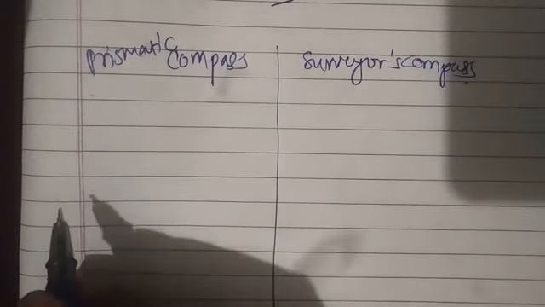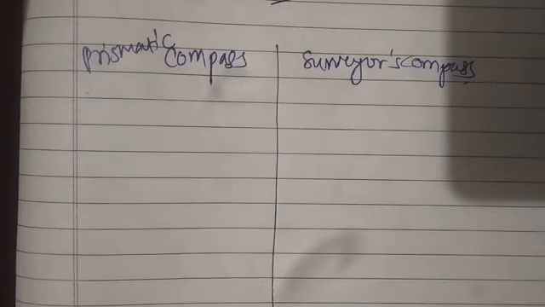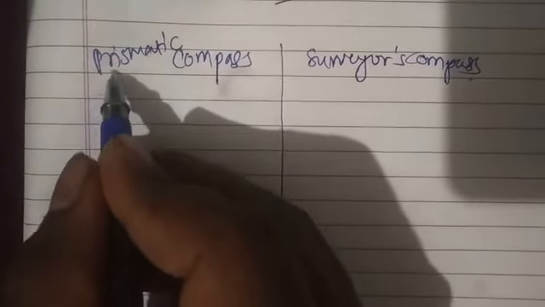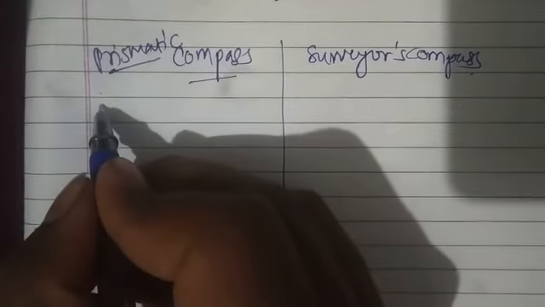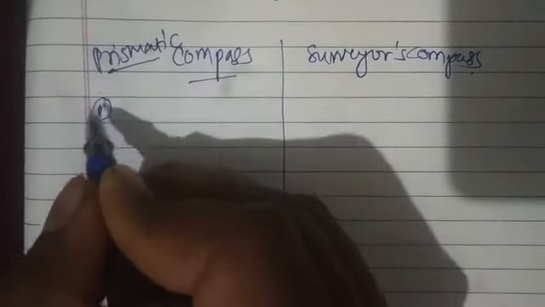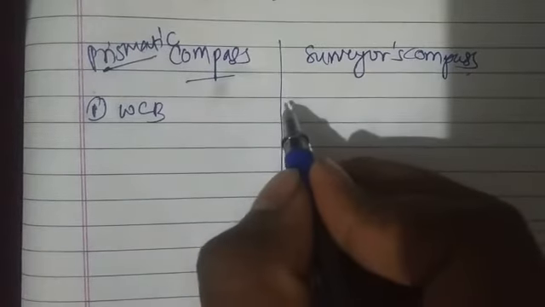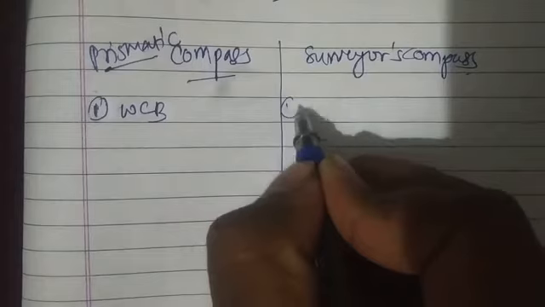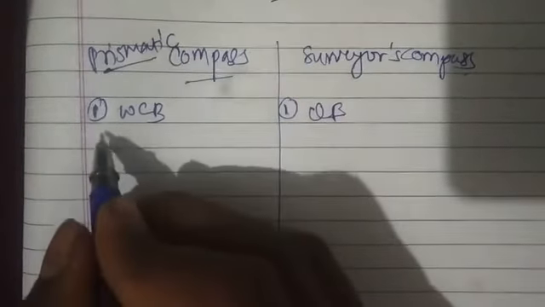Now we'll see these two types in the pattern of differentiation. This prismatic compass is used to calculate the whole circle bearing of a line, whereas the surveyor compass is used to calculate the quadrantal bearing of a line.